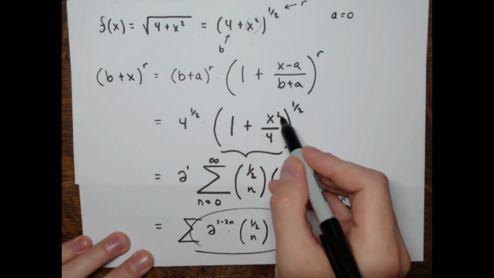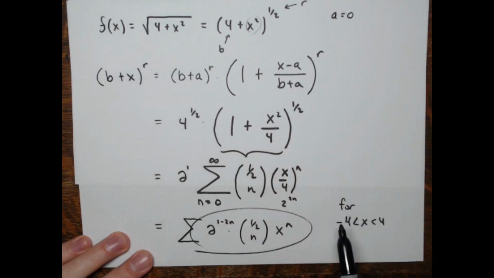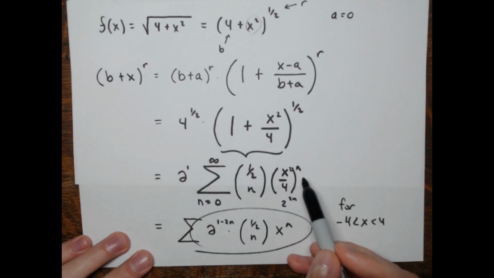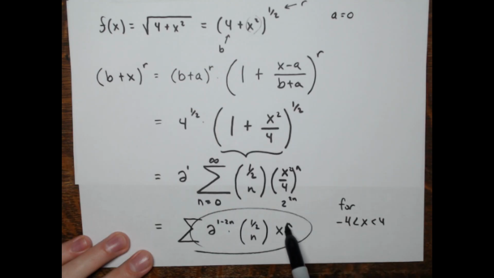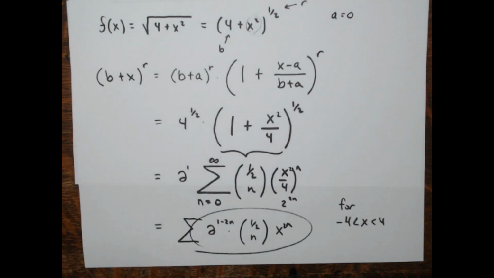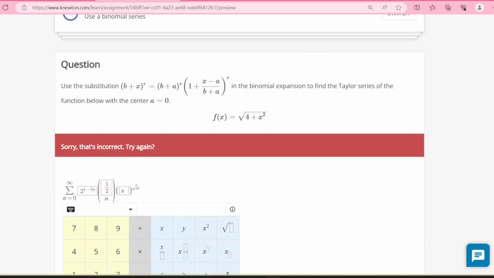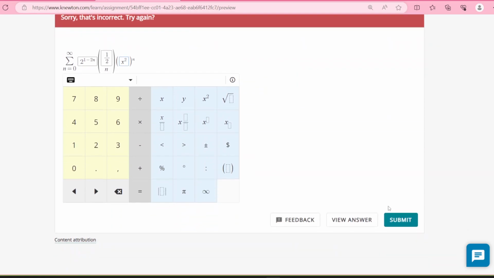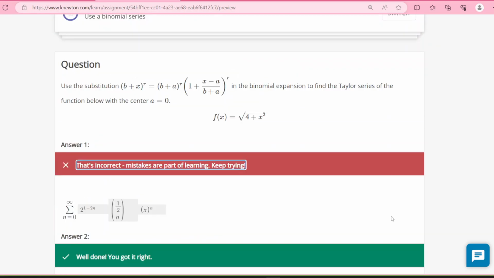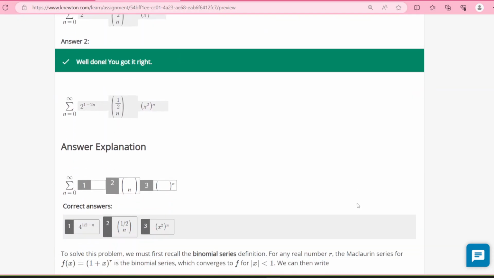So this should be x squared. And then this is x to the 2n. That's all. So let me put x squared in that box, right? This should be x squared to the n in that box there. All right, so good. They give me another shot here. Wonderful. All right, my apologies. I messed up that little 2.